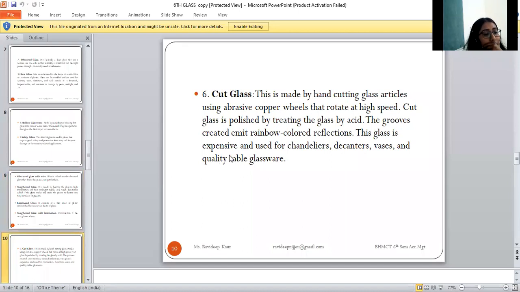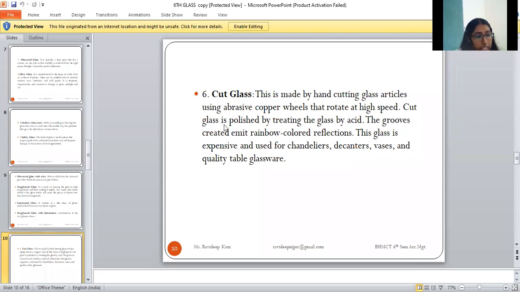Then we have cut glass. This is made by hand cutting glass articles using abrasive copper wheels that rotate at high speed. It is made with handmade articles, using a copper wheel which keeps rotating at a very high speed.